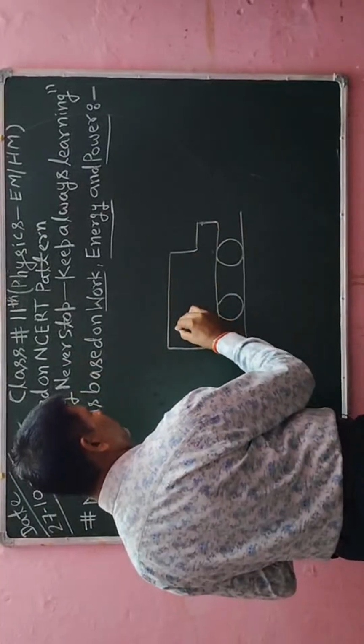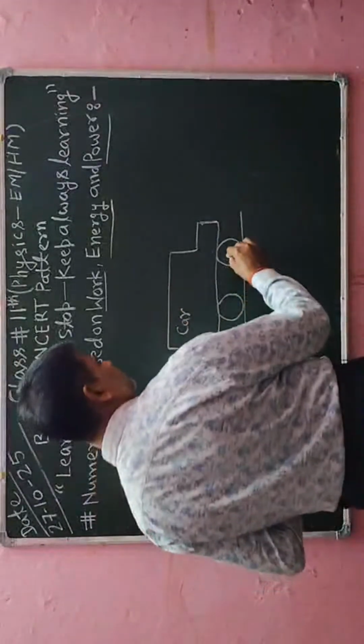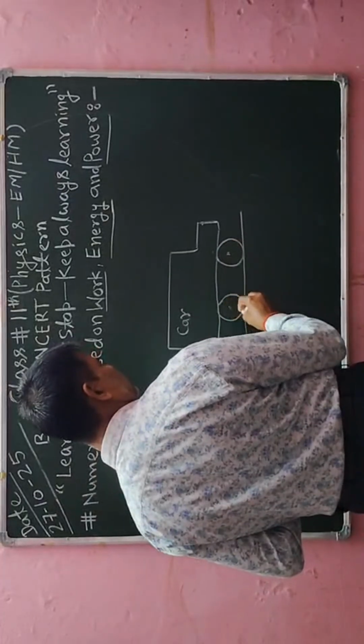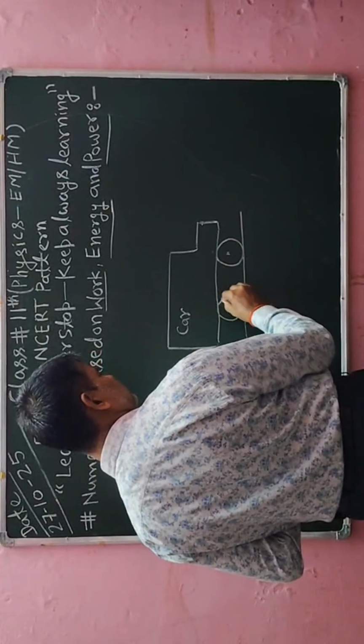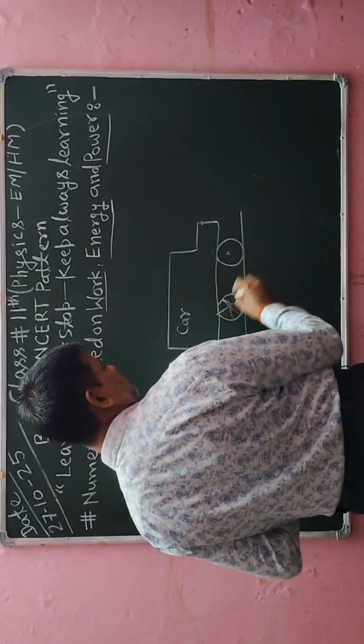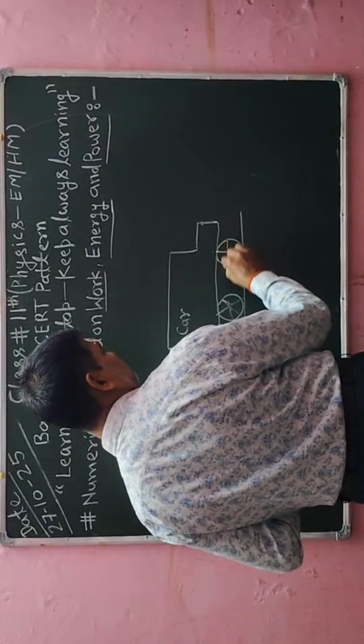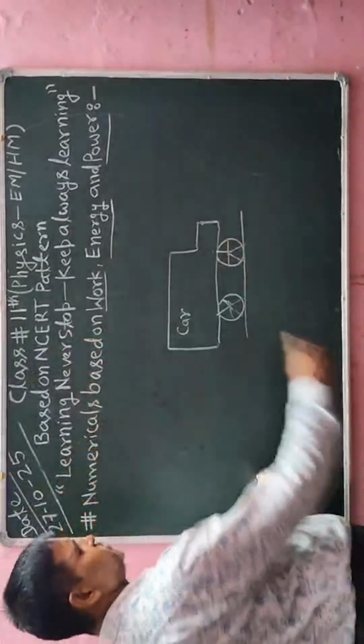Here I am writing, this is a car. And this is a wheel.